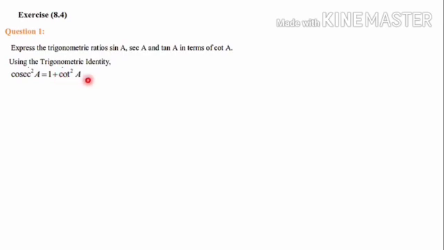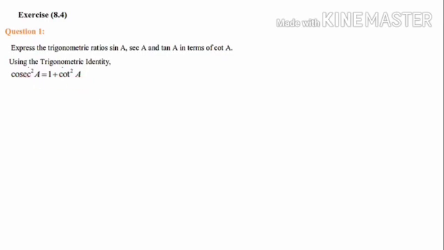And cot square A we need because we have to write sin A in terms of cot. So cosec square A we can easily change to sine, and cot square A is the required trigonometric ratio for the answer. So this is the identity we have taken.